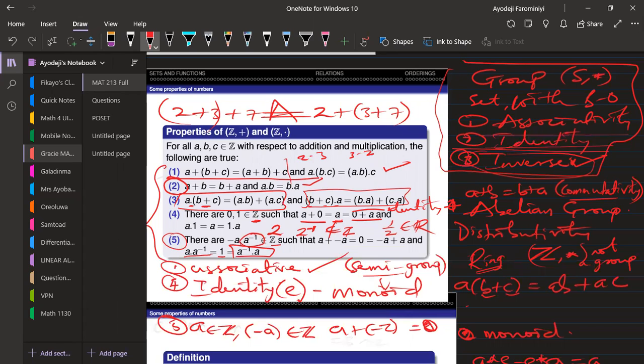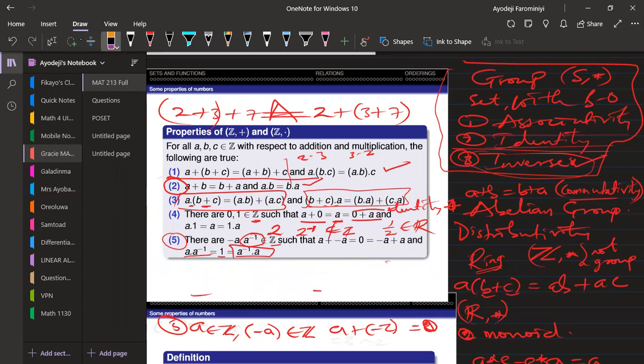Let me ask you a question. When you consider R with respect to multiplication, is it a group? Yes. Are you sure? What is the identity element?